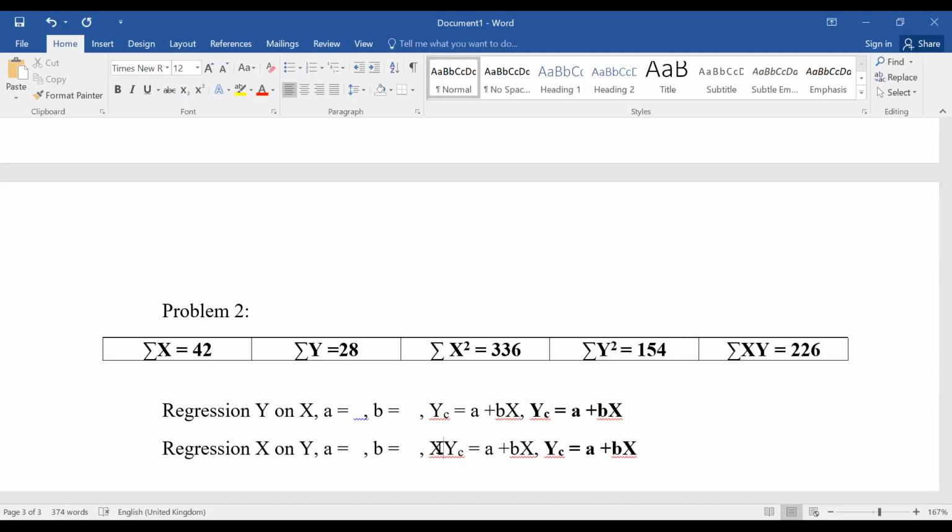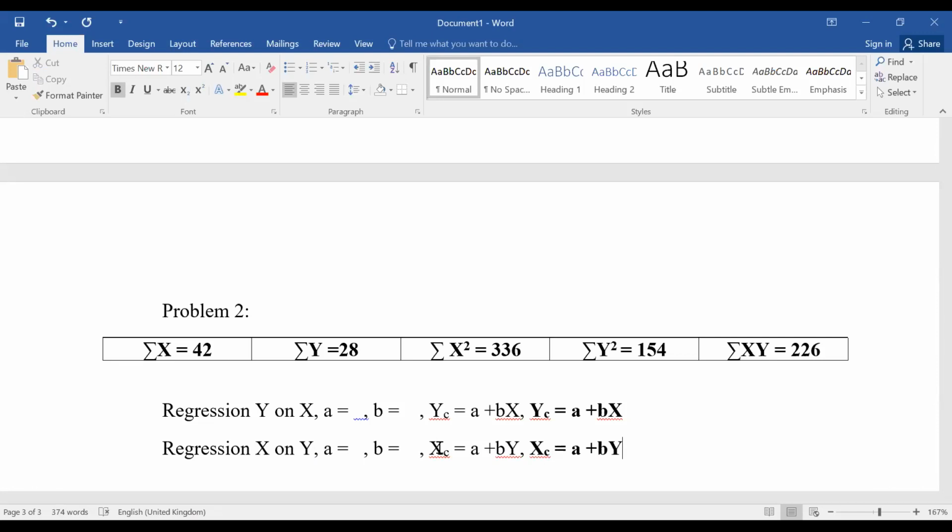X, we will delete Y. Here it will be Y. And similarly, here it is X, bold. And here it is Y.